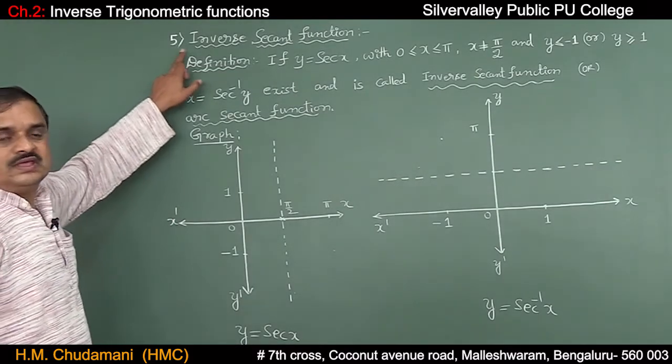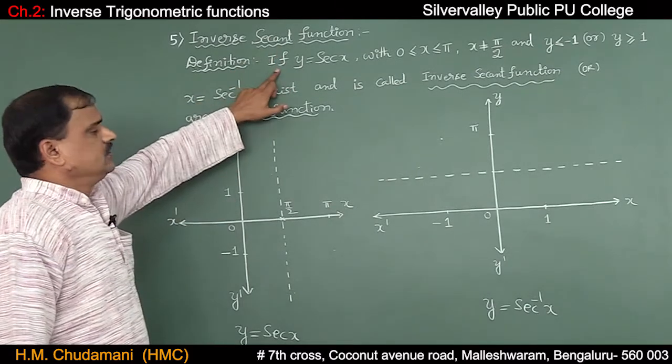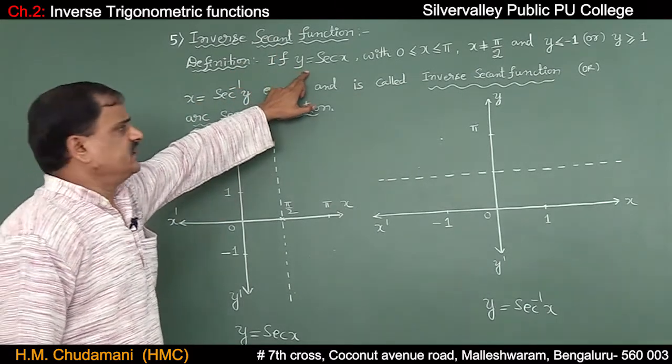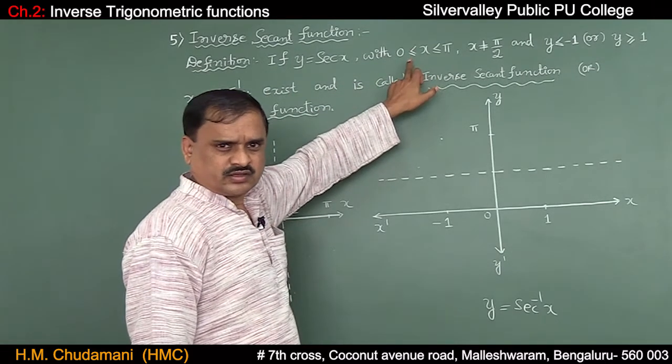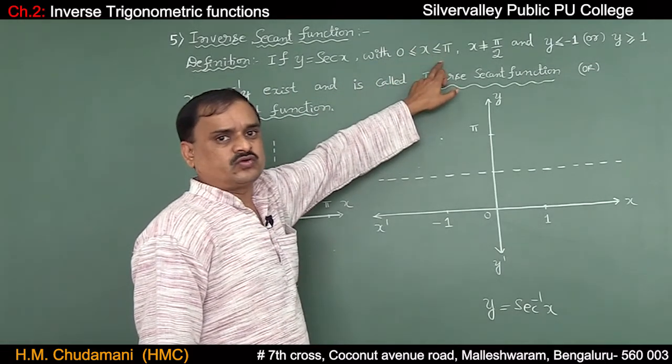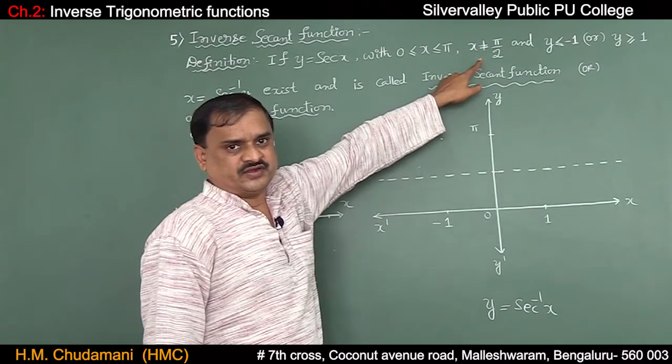Fifth one, inverse secant function. If y is equal to secant x with x greater or equal to 0, less or equal to pi, where x is not equal to pi by 2.